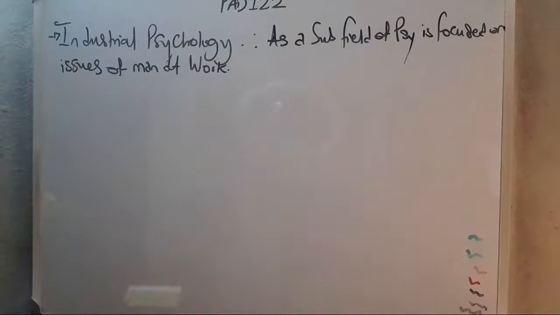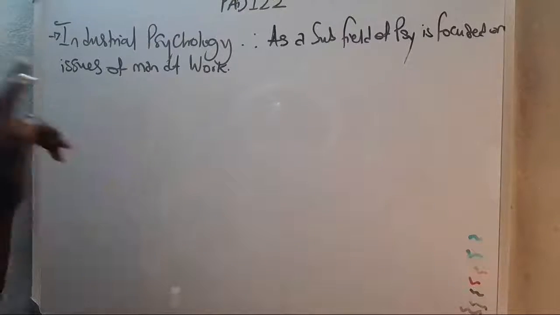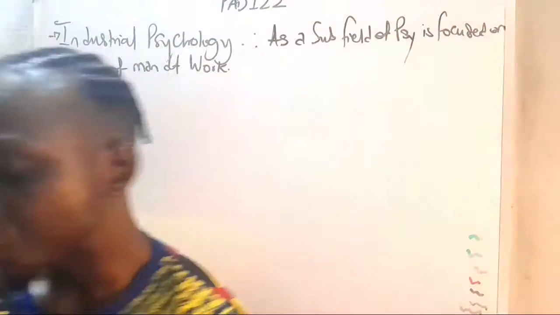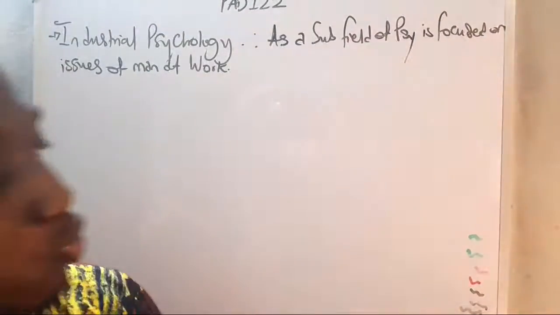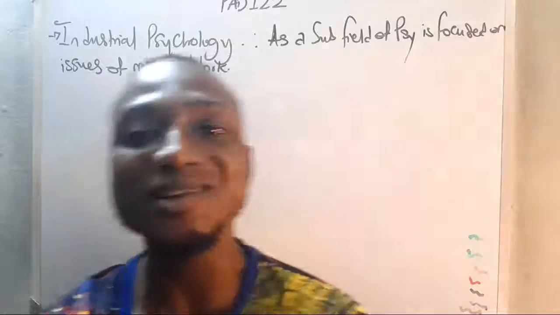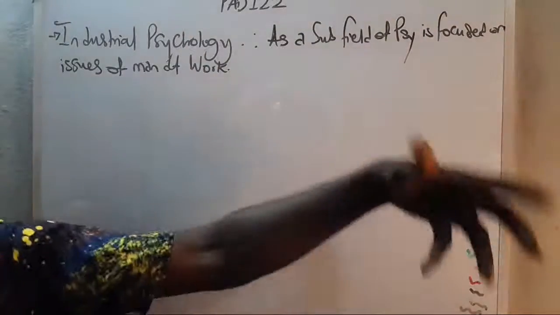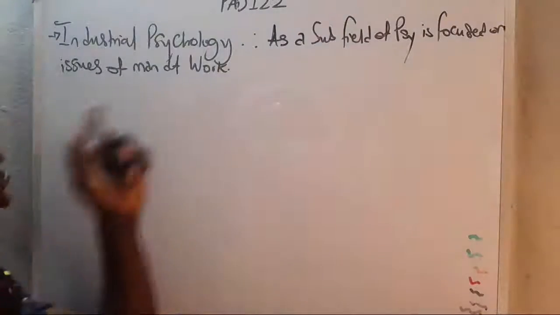Now, philosophers such as Socrates and Plato speculated a lot about human behavior. When we say focusing on issues of man at work, we need to go down into details by talking about how people, how workers, how personnel behave at work. If we can talk about how they are behaving, then we can address these issues at work.